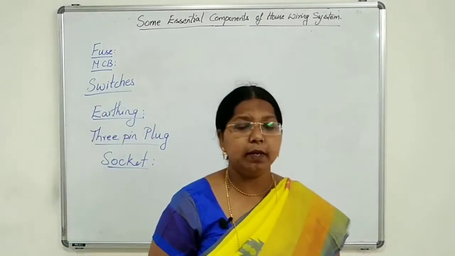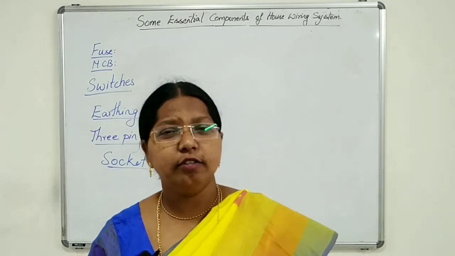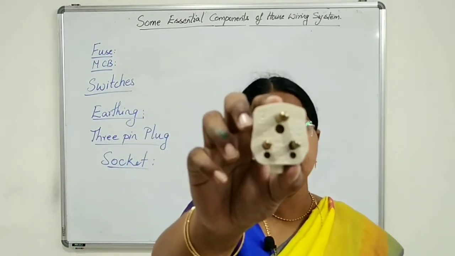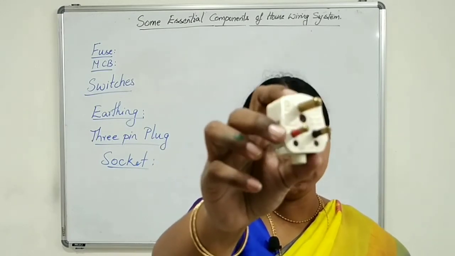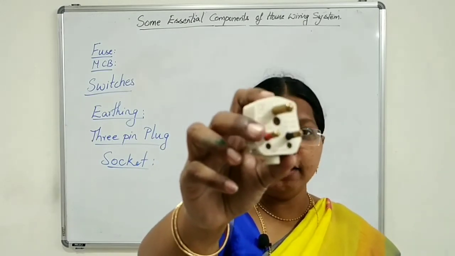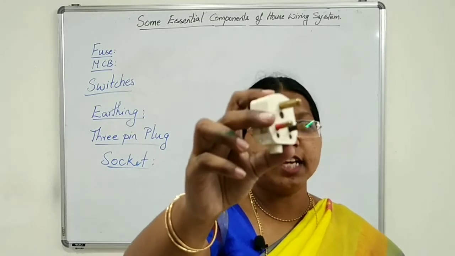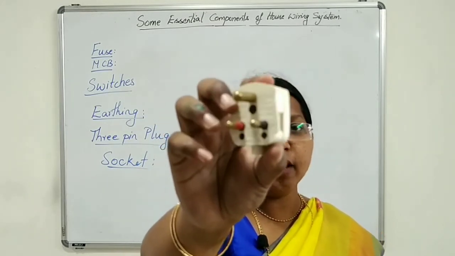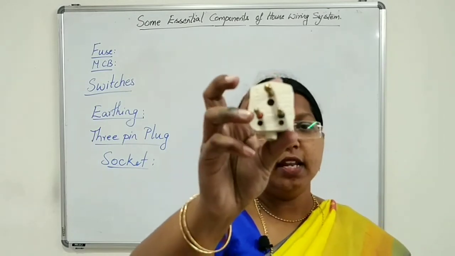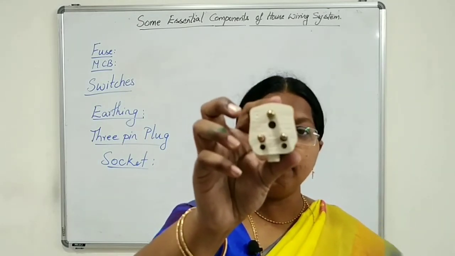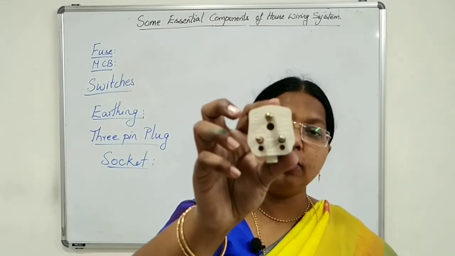In the 3-pin plug, we have 3 pins. Can you see it here clearly? One is red in color, which is called the live pin. The live wire is connected to this pin, and the black one, the neutral wire, is connected to this pin. The live pin is on the left side of the plug and neutral is on the right side.